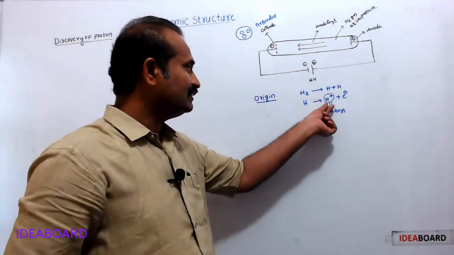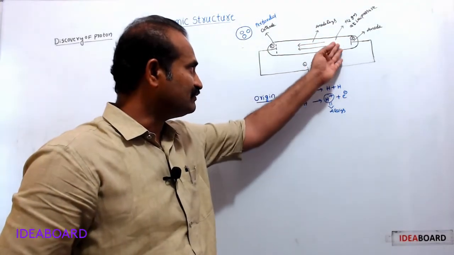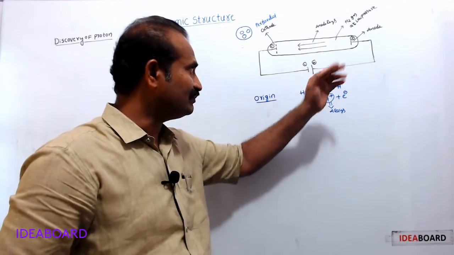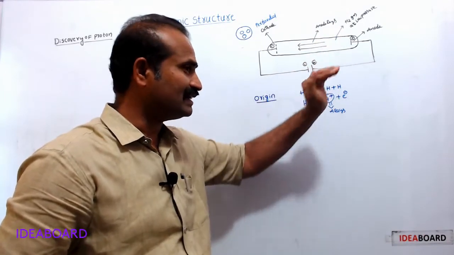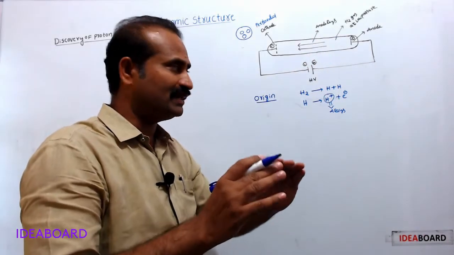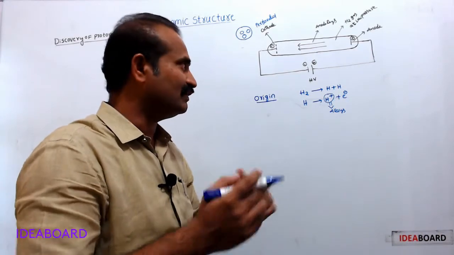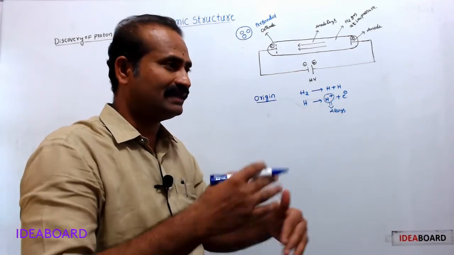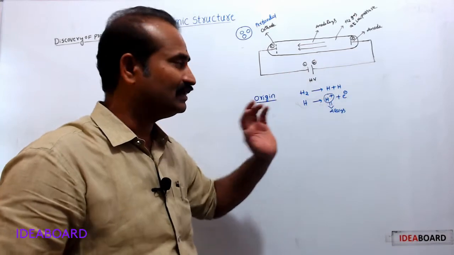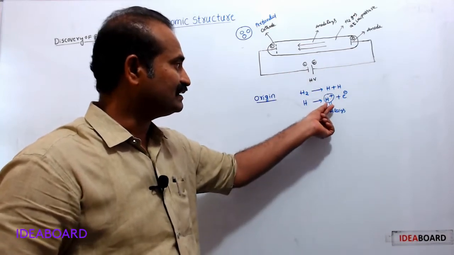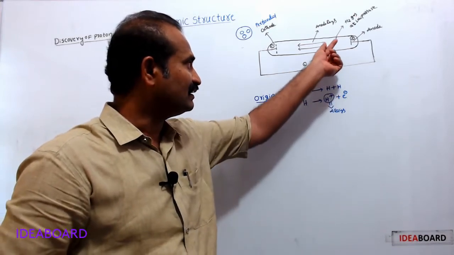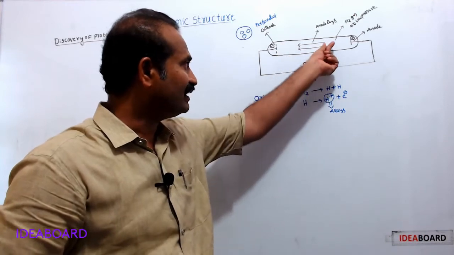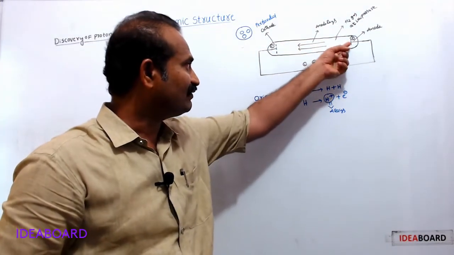Many H2 molecules will be there in the discharge tube, because an H2 gas sample is made up of many H2 molecules. Therefore many H+ ions are generated in the tube. These H+ ions, being positive, get attracted by the cathode and migrate towards the cathode from the anode.